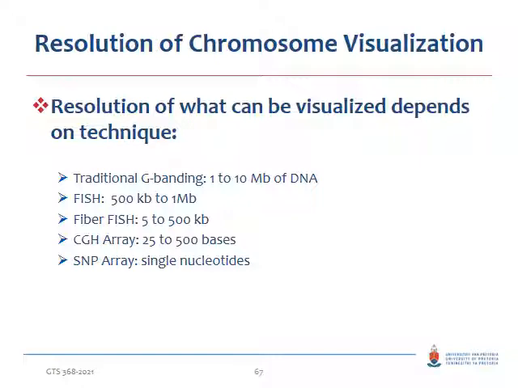Array CGH, 25 to 500 kilobases, and a SNP array, single nucleotides. So it's very important to decide which test is the most appropriate for your patient, and that is my challenge. So I hope this gives you a good overview of all the different chromosomal techniques to determine abnormalities.